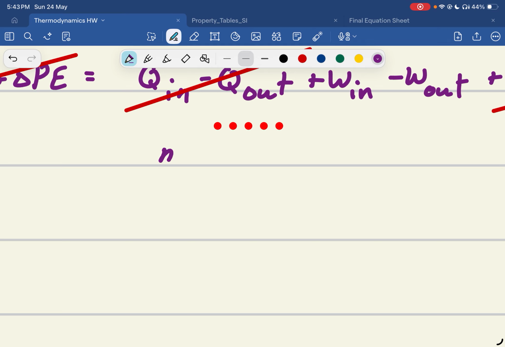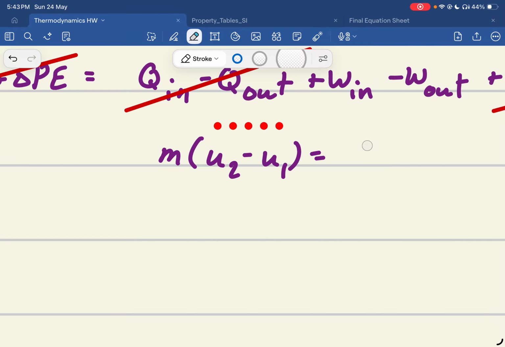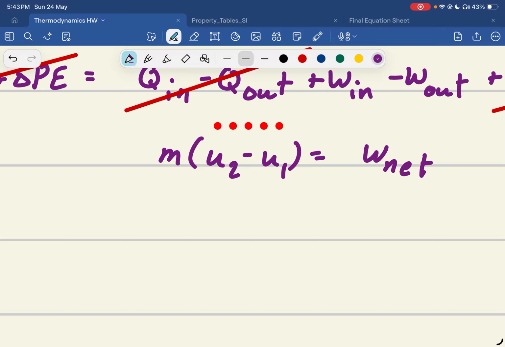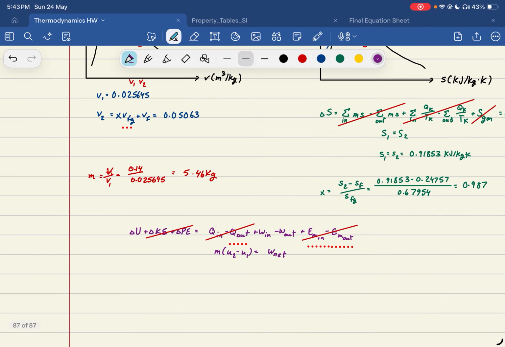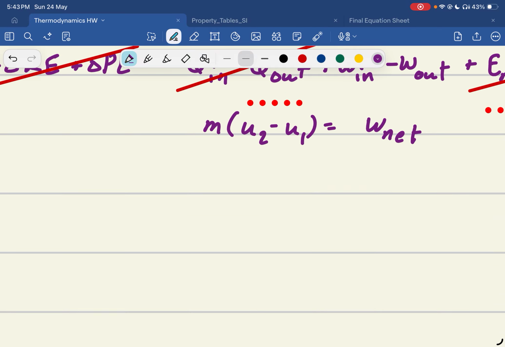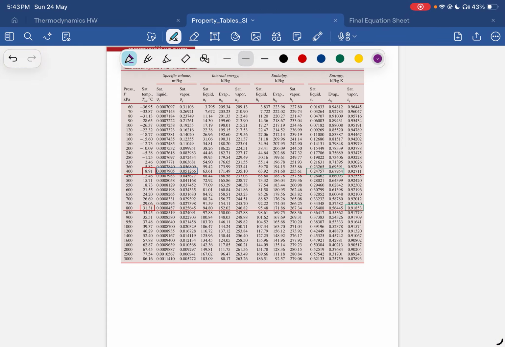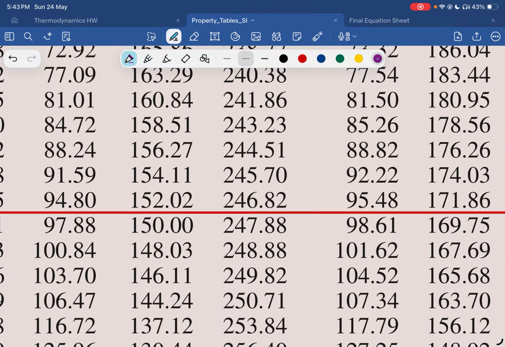So now we just do m times (U2 minus U1), which equals either work in or work out, or let's say net work, because we don't know if it goes in or out yet. We have to calculate our U2 because we have everything else. So this is 5.46 times U2 minus U1, and U1 is vapor, 246.82.